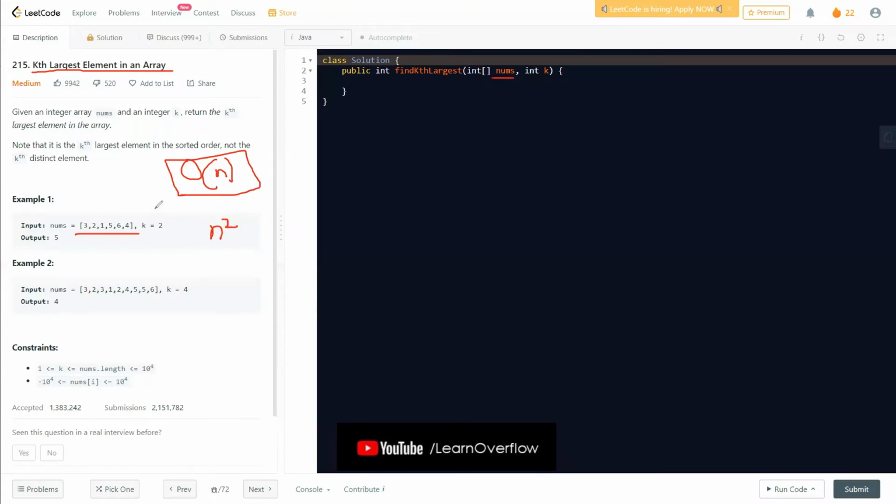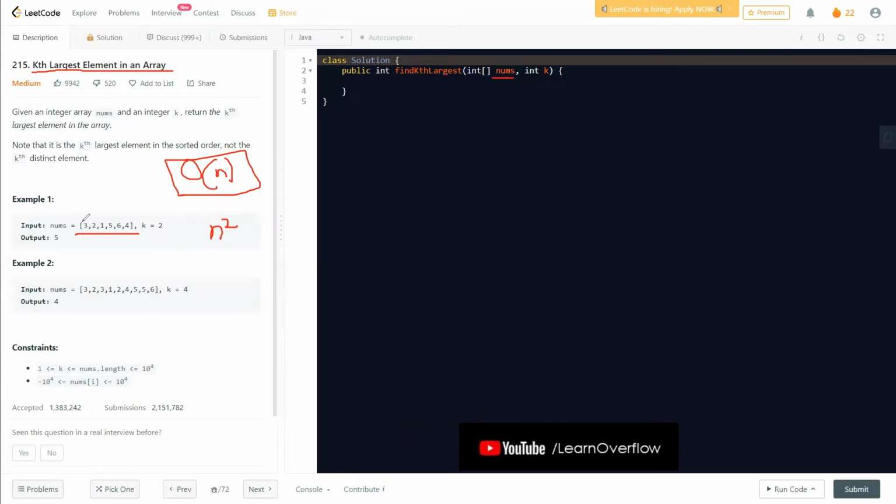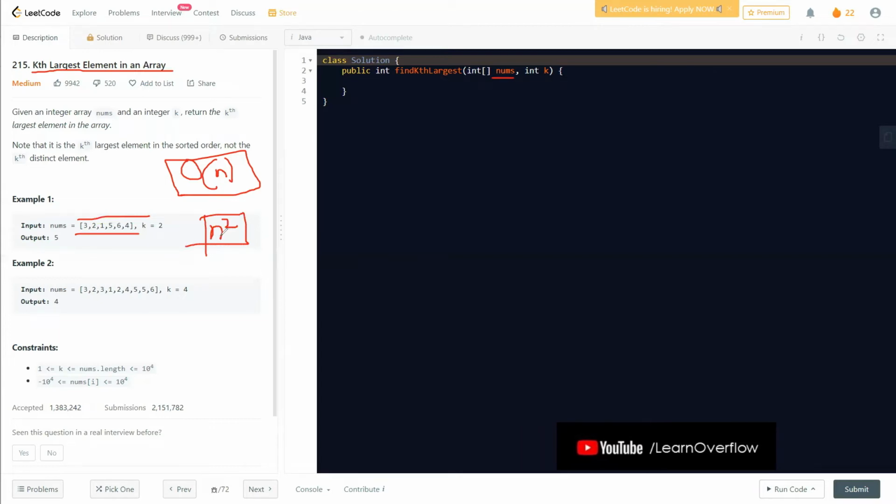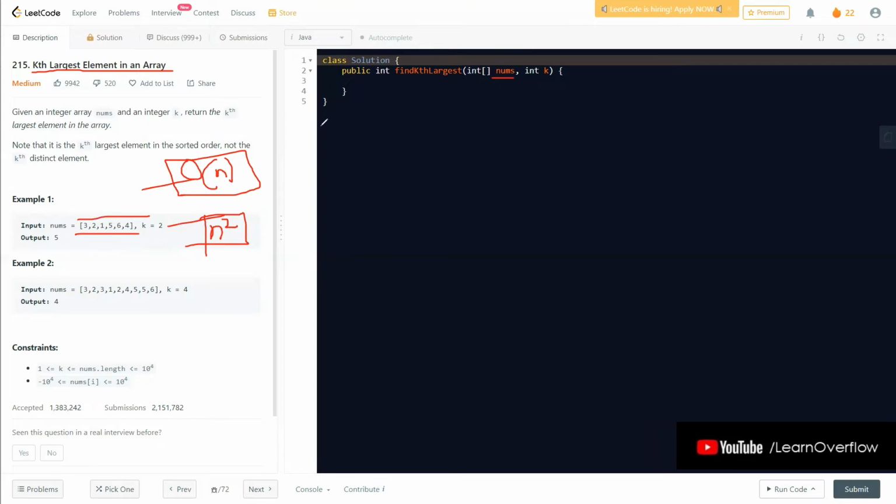So this algorithm is the best for average cases, but not the best for the worst case. What can the worst case be? The worst case is when our array is actually sorted. When our array is sorted, the complexity we'll get is order of n square. We'll discuss why this kind of complexity comes up, step by step.